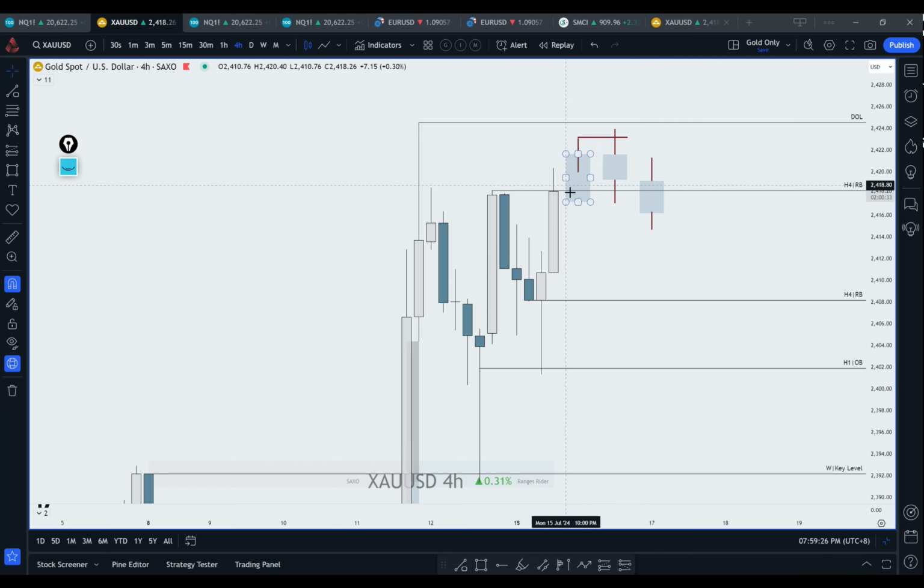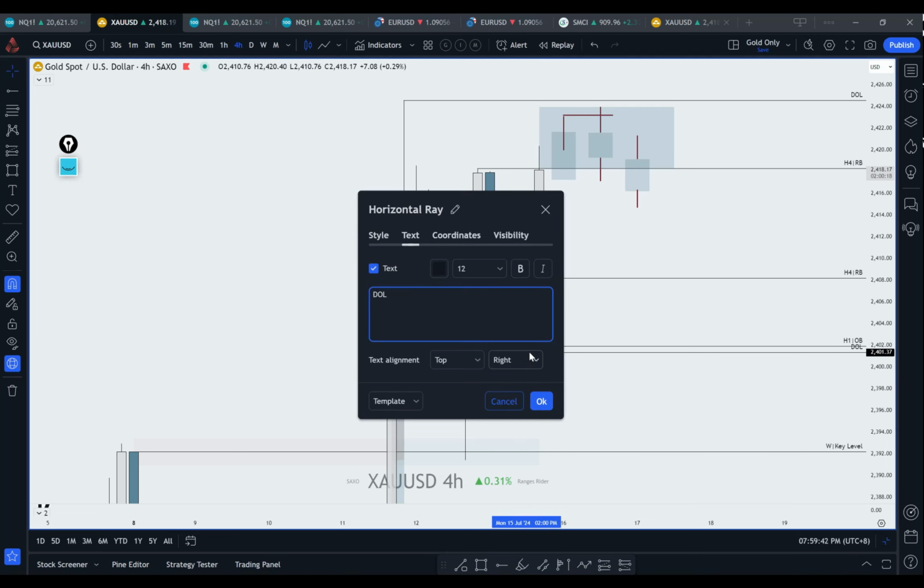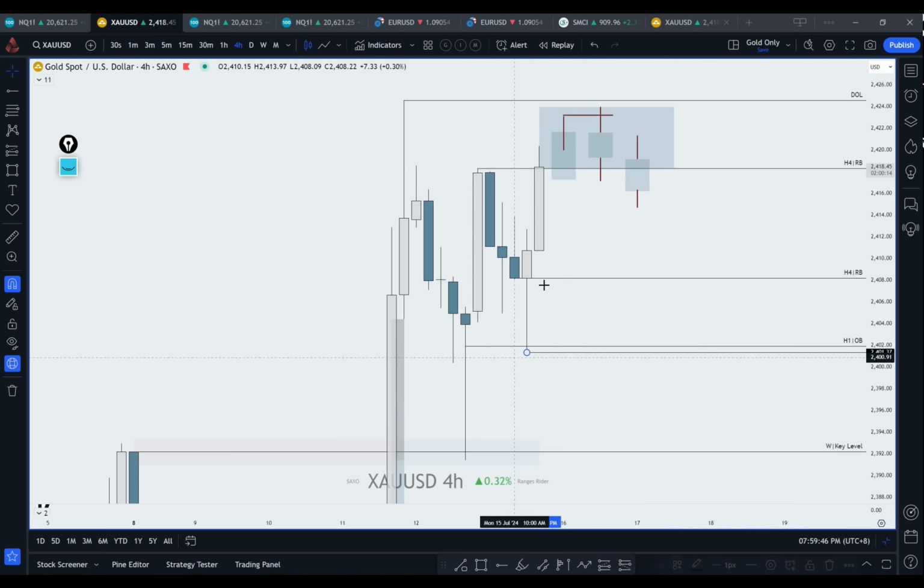So what does it mean? You're already back into the range, and this will be your order pairing on the lower time frame. And then we are looking for this target, and this will be our draw on liquidity.